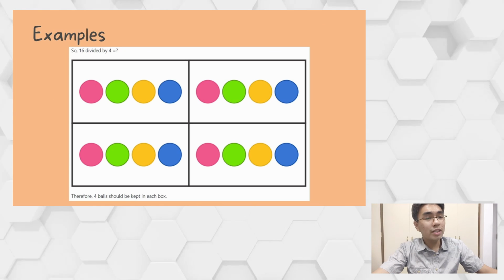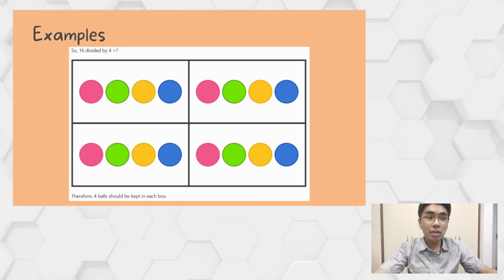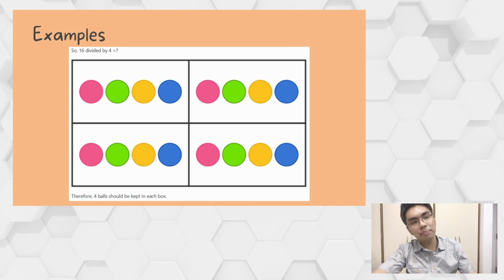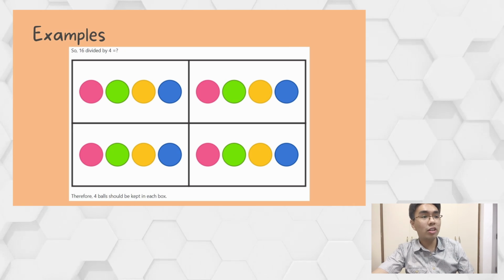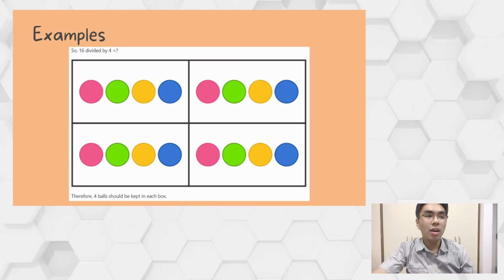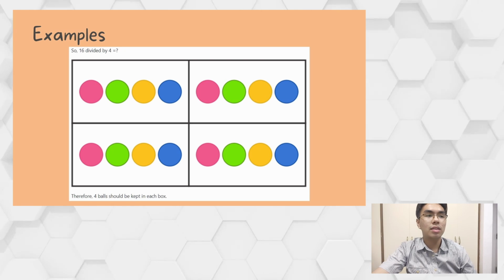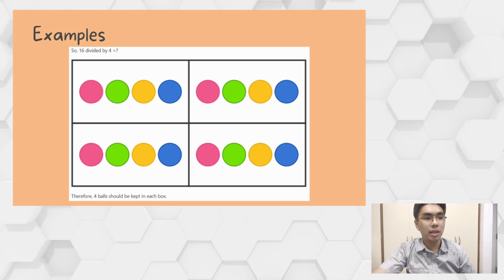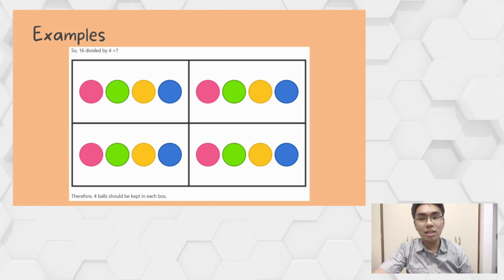Now for the first example, 16 divided by 4 is blank. As you can see, 16 divided by 4 forms 4 separate groups with 4 circles each. So the final answer is 4.